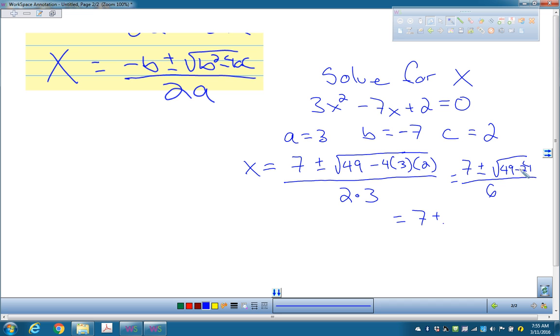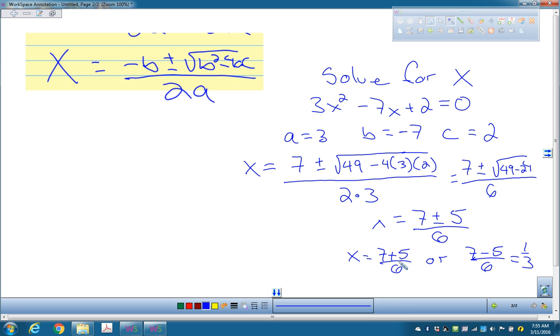What's 49 minus 24? 25. What's the square root of 25? 5. So you get 7 plus or minus 5, over 6. So x equals 7 plus 5 divided by 6, or 7 minus 5 divided by 6. In this case, 2 over 6 is 1/3.